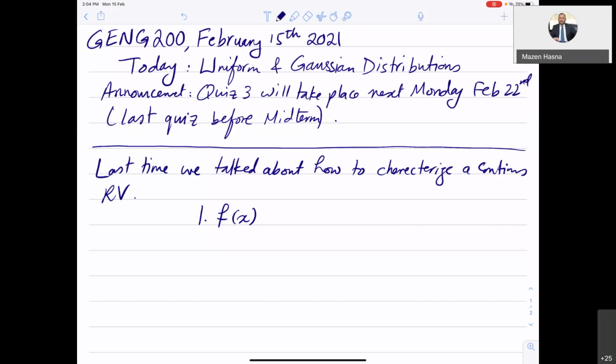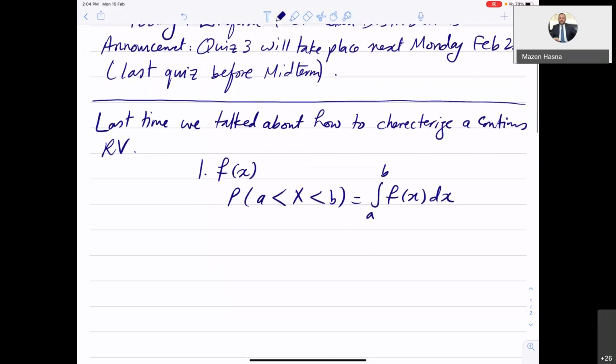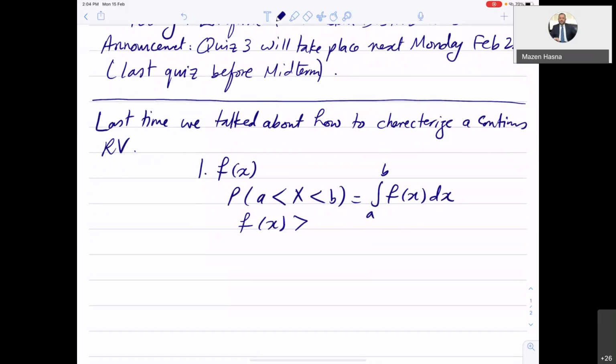So it's not defined as f of x equals something. The way we define it is that the probability of the random variable to be between two values a and b, we just integrate small f of x over that range to get the probability of the random variable to be in that range. And the only condition on f of x is to be positive. In principle, f of x in the continuous domain, its value can be greater than 1 because its value does not matter.